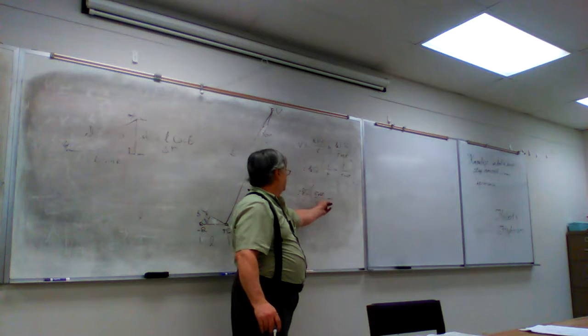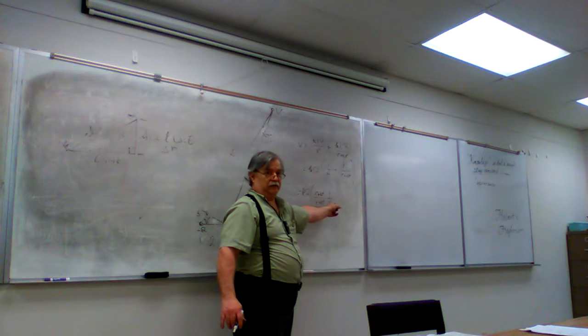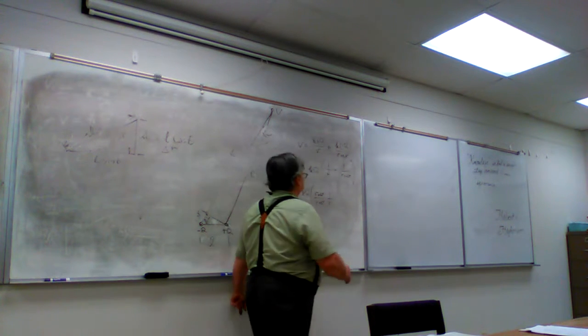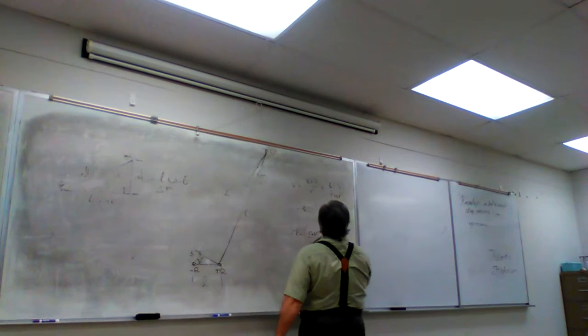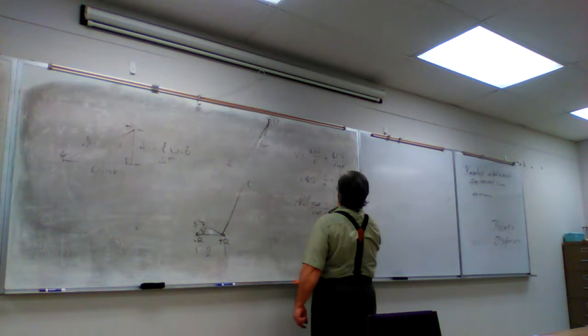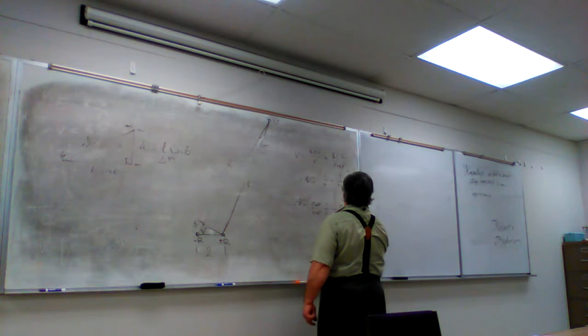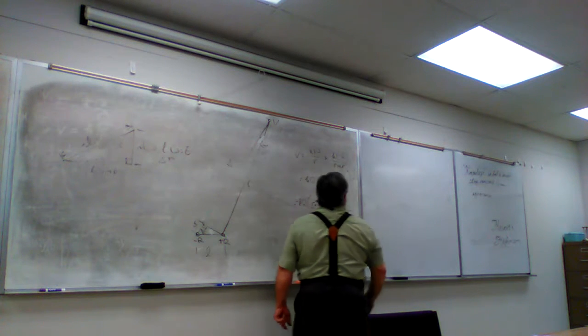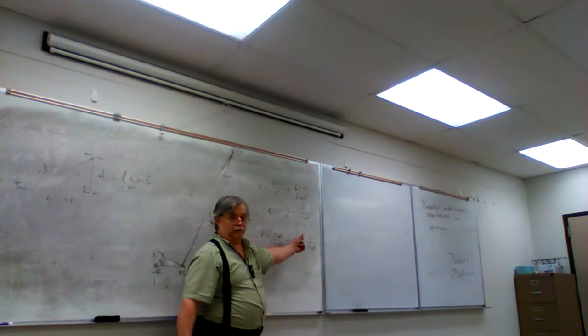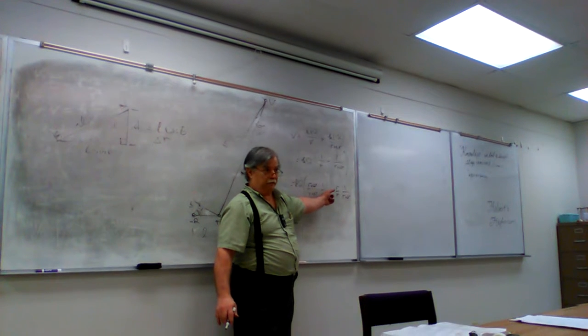I can multiply this like this and I don't change anything, right? And from that I'm going to subtract, I'm going to multiply this by R over R, which doesn't change anything because R over R is 1.